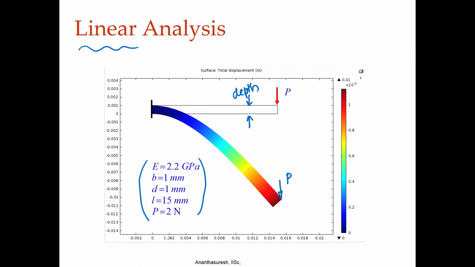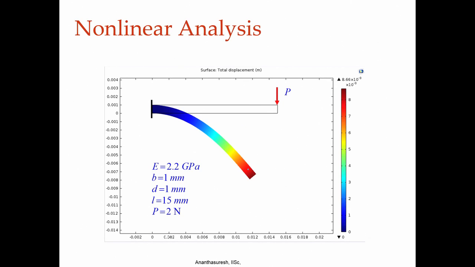If you were to do the same problem with non-linear analysis, usually all finite element analysis software will have an option where you click, okay, I want to do geometric nonlinear analysis. Then that beam, when this force P is there, is actually going to deform, and that looks realistic.